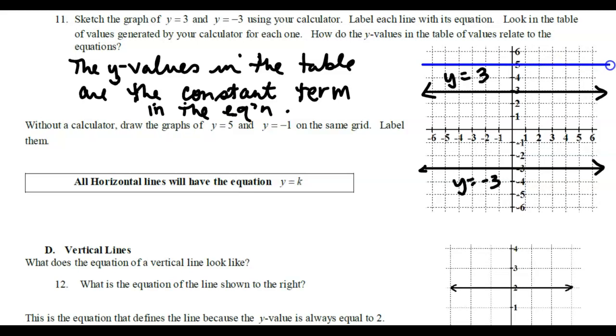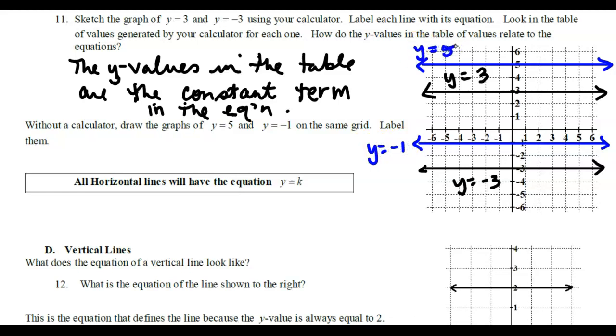Y equals negative 1 would be here. Pretty easy to graph those if you have a straight edge. Okay, arrows on the end. Label them. So this is y equals negative 1. This is y equals 5.